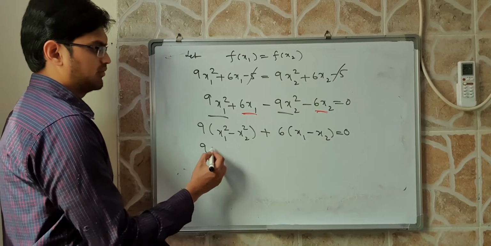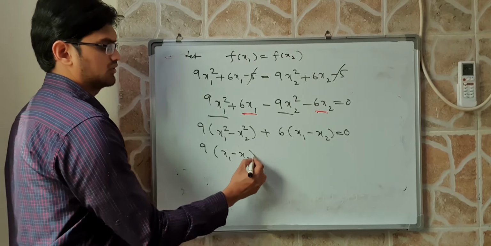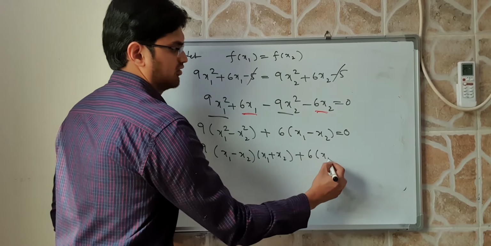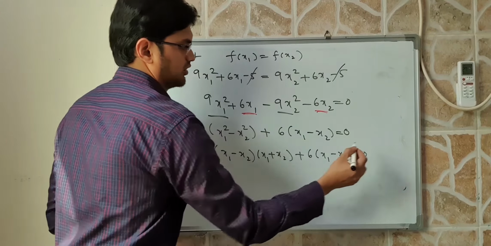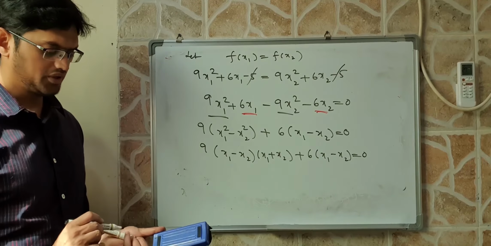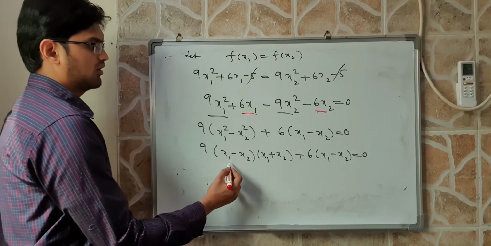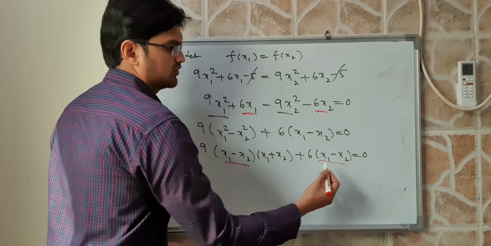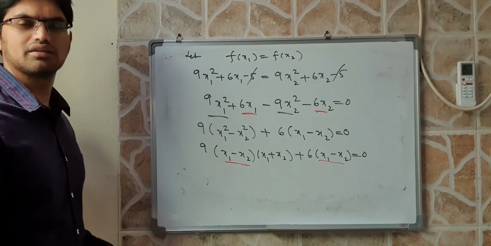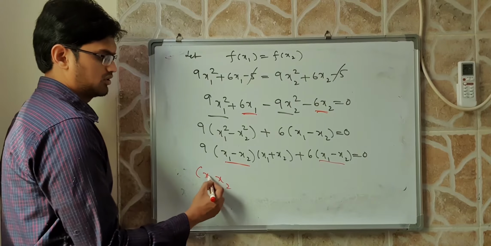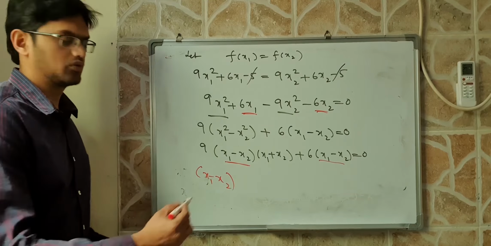Again, I can write 9 times x1 minus x2 times x1 plus x2 plus 6 times x1 minus x2 equal to 0. Now what can you take common from these two terms? I can take common x1 minus x2, even 9 and 6 have 3 in common also. So I'm just taking x1 minus x2 common. So what is left out?